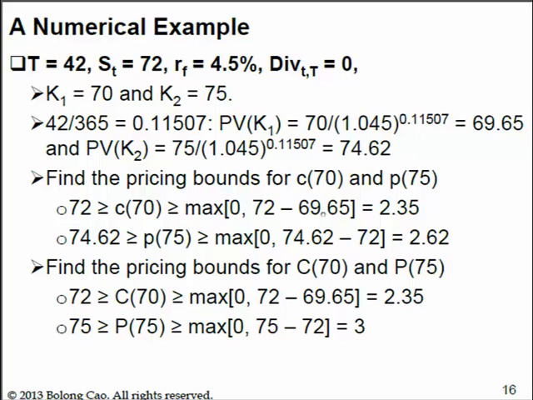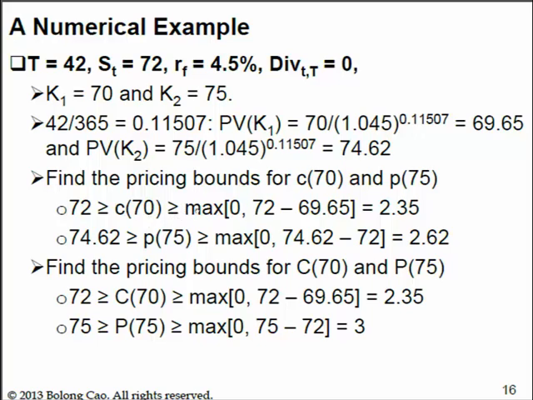Now, the first task is to find the pricing bounds for the European call and European put. For the European call, the upper bound, or even for the American call, is the current stock price, $72.